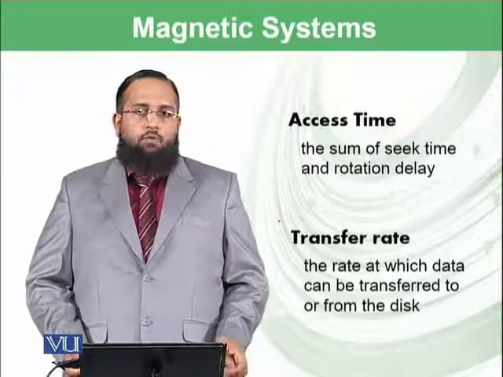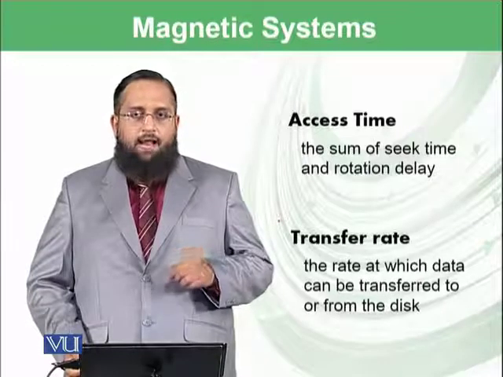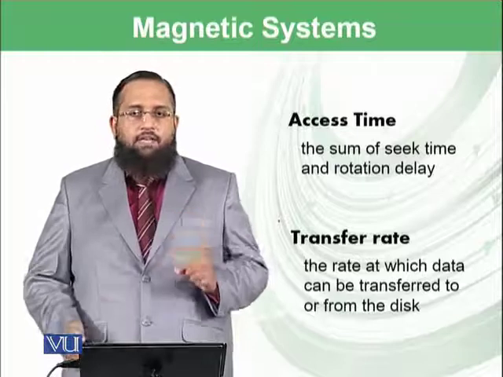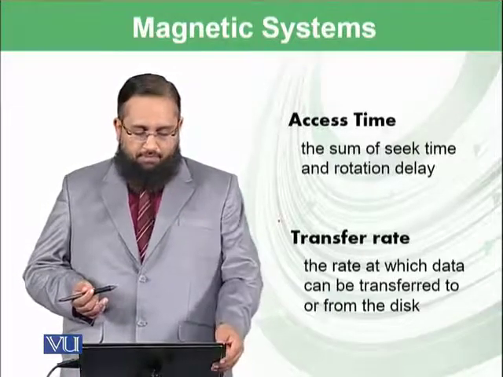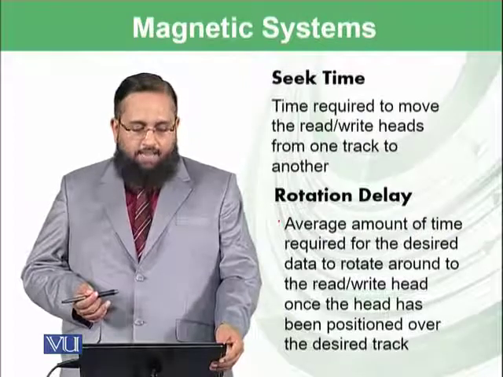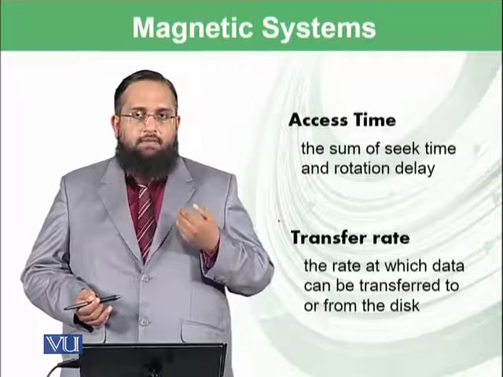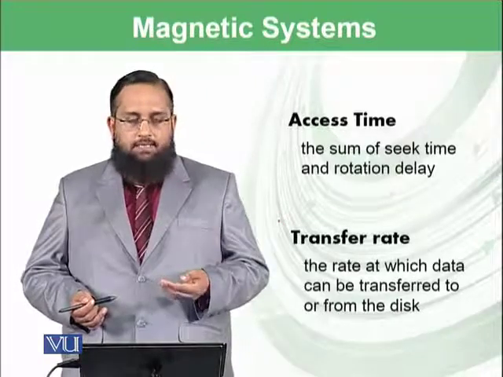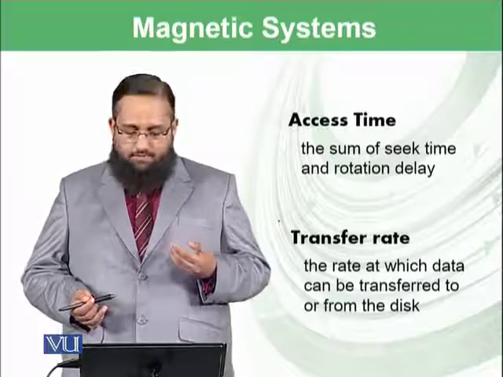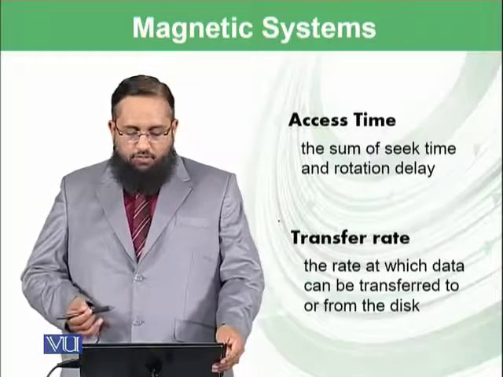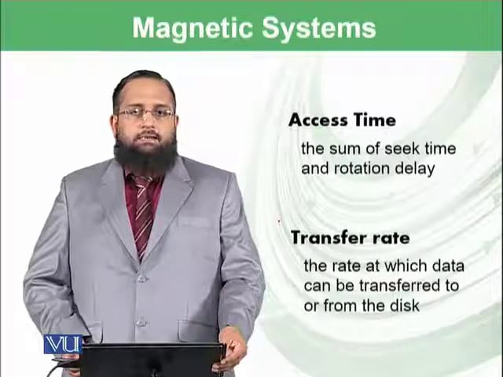You have reached your particular track with the help of seek time, and then you have identified which data you want to fetch, that is your rotation delay, and then you want to transfer that data from the disk or towards the disk. So that transfer time is known as transfer rate. This should also be lower so that your disk is considered better.